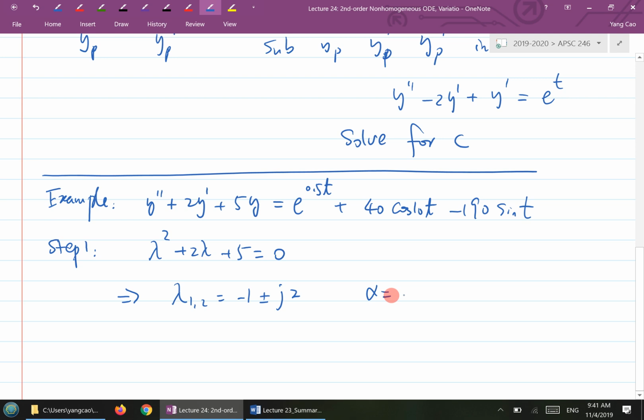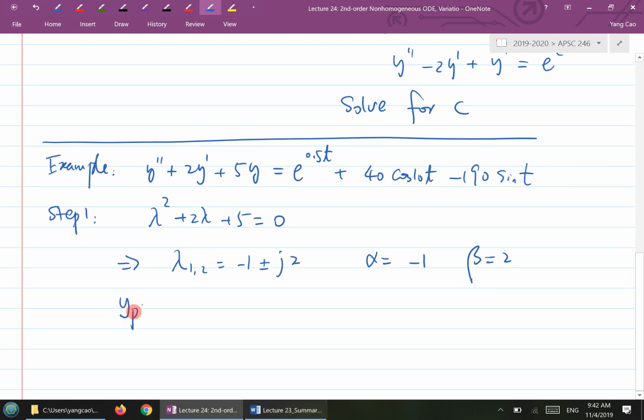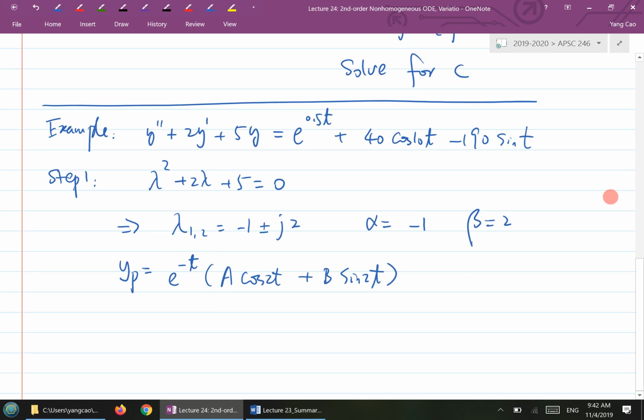So your alpha is equal to -1 and beta equal to 2. So your YH is e to the power negative t, this comes from the alpha, e to the power of alpha t, and then a times cosine 2t plus b times sine 2t. That's the general solution for the homogeneous one.